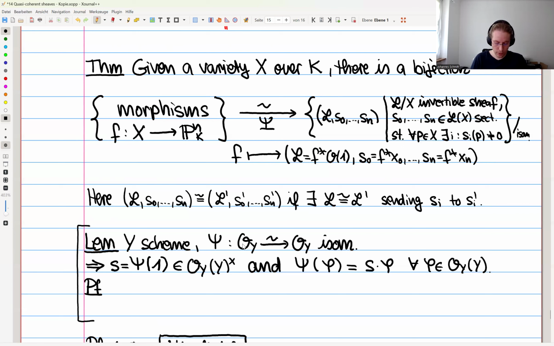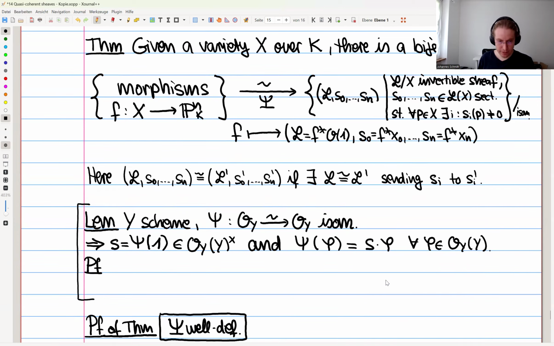I mean, 1 is always a section here, and this gets transported to some function s, and the claim is this function s is an invertible function, so it's nowhere 0 on Y, and then it uniquely determines this psi because psi of some function phi is just s times phi. It's just multiplication by this s.